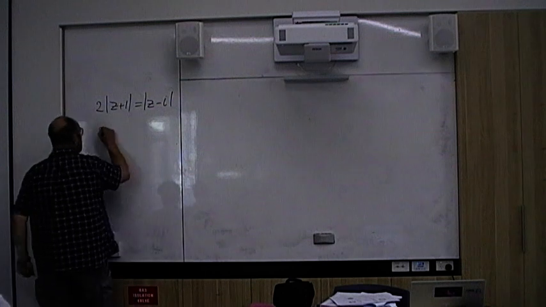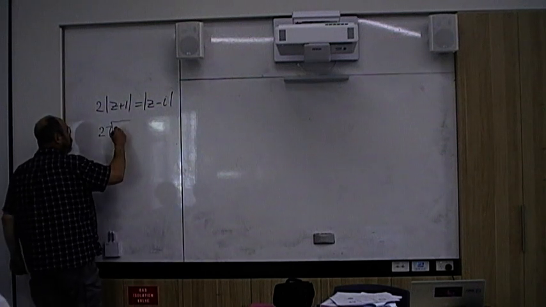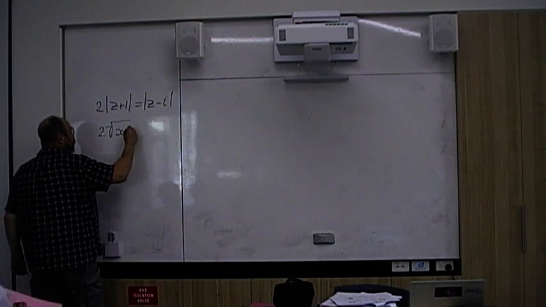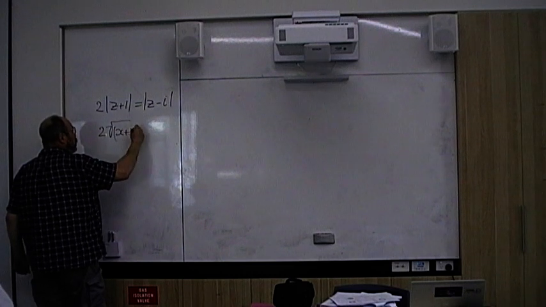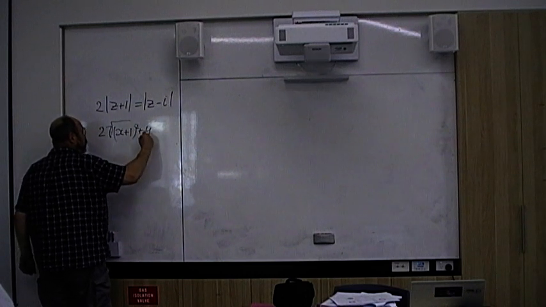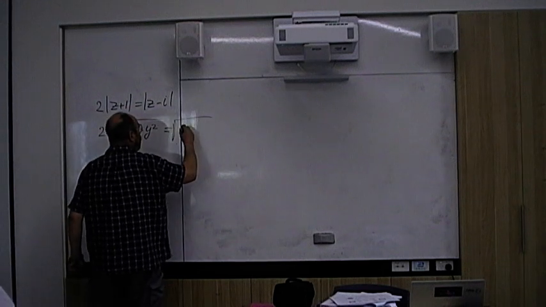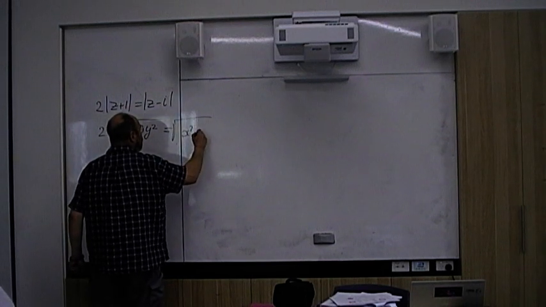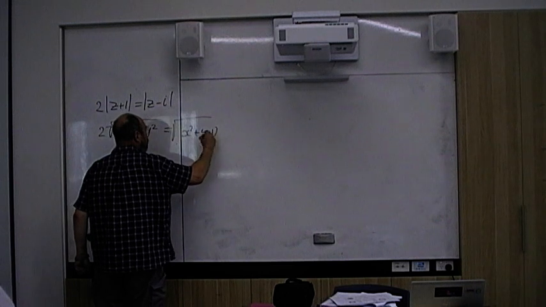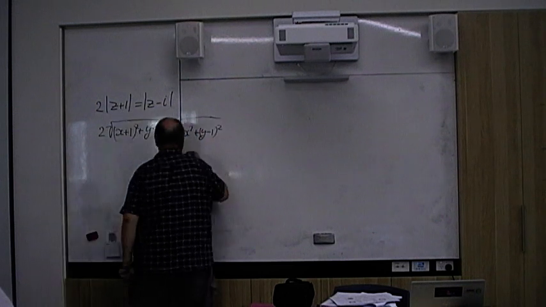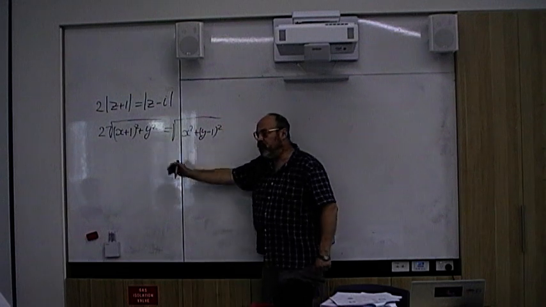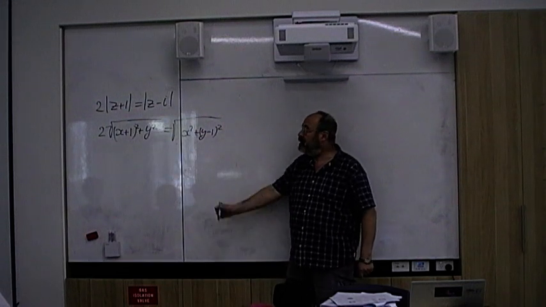So we have 2 times the square root of (x plus 1) squared plus y squared equal to the square root of x squared plus (y minus 1) squared. Do you understand how I got this, or do I need to show intermediate steps?